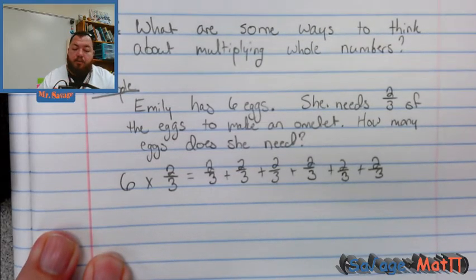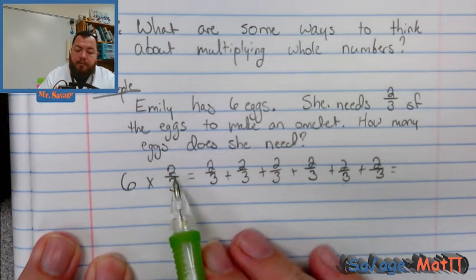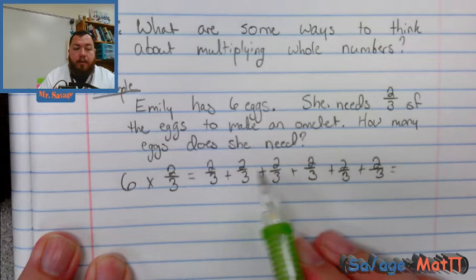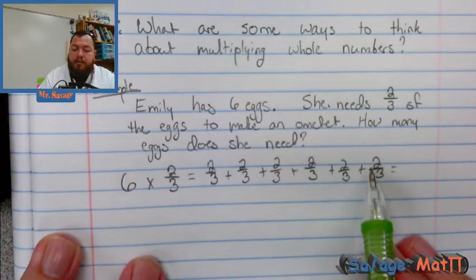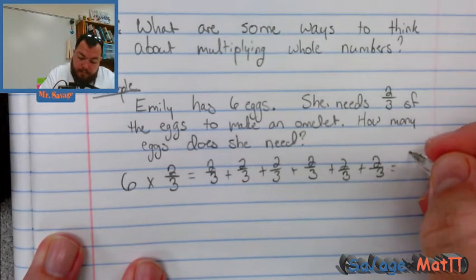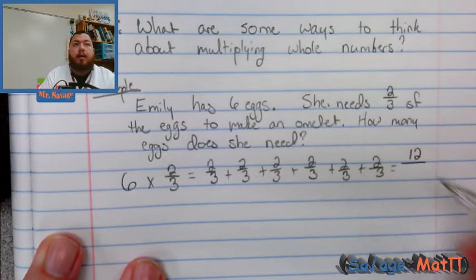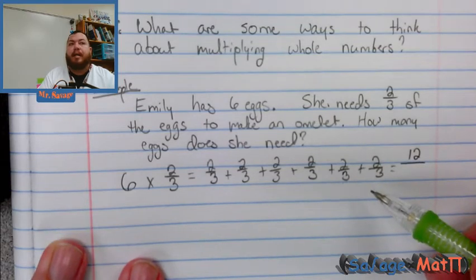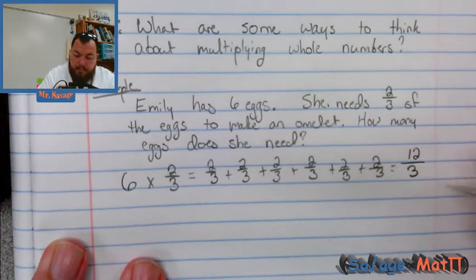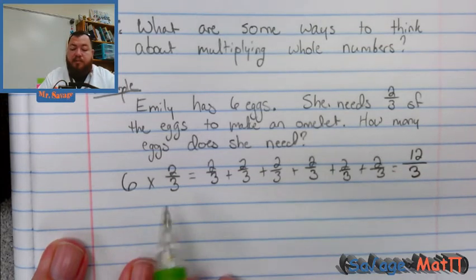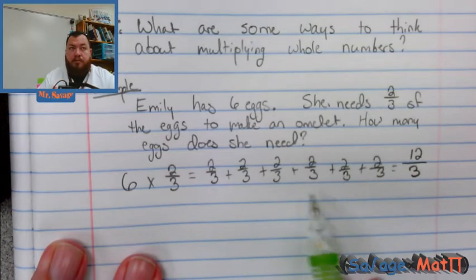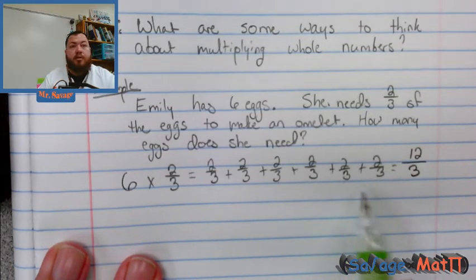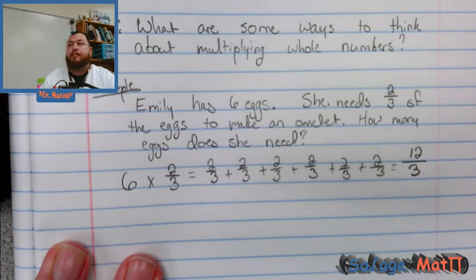So if I add all those up, on the top I would have 2, 4, 6, 8, 10, 12. And my denominator when I add doesn't change, okay? So 6 times 2/3 is 2/3 plus 2/3 plus 2/3 plus 2/3 plus 2/3 plus 2/3, which equals 12/3.